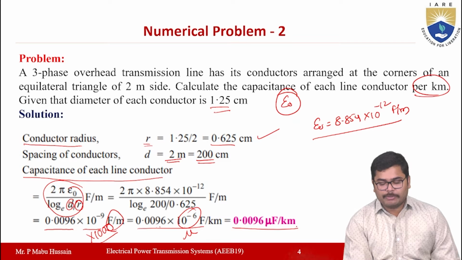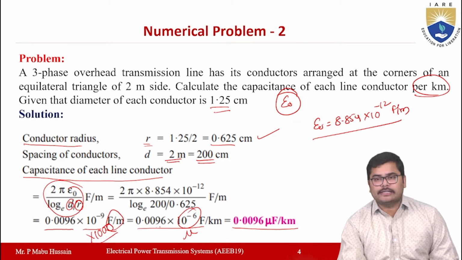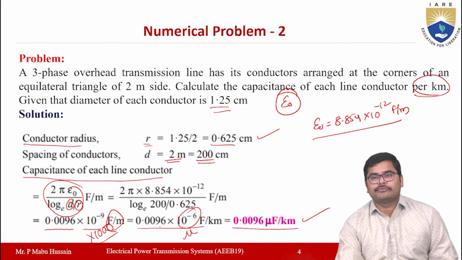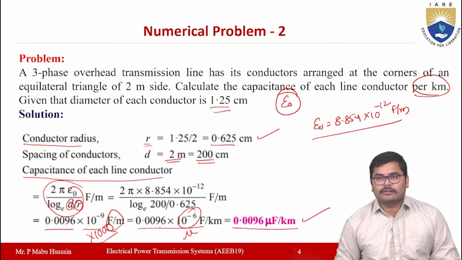So the capacitance per phase will be 0.0096 microfarads per kilometer. This is how you can determine the capacitance of a three-phase overhead transmission line if the spacing between the conductors is the same, that is, if symmetrical spacing of conductors is given. Then you have to proceed like this.